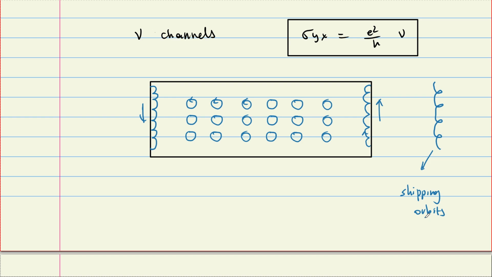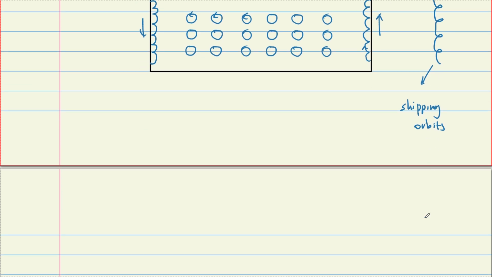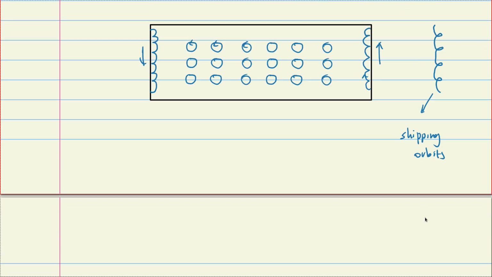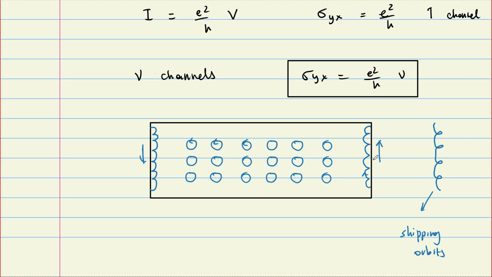And the question is, if I have an impurity at the boundary. In the Landauer formula, if you remember, we just said there's a transmission coefficient, and that's it. There's no difference. And am I supposed to do exactly the same thing here?